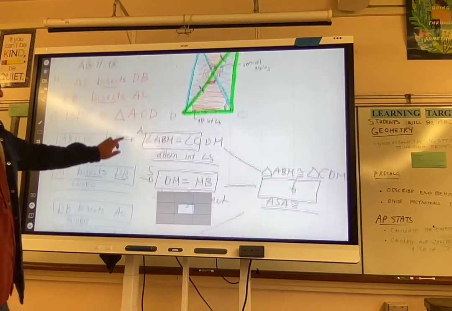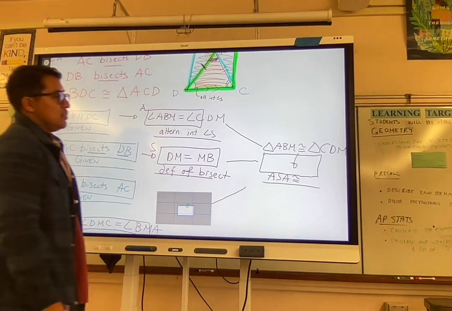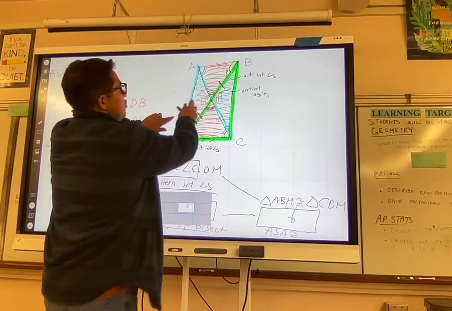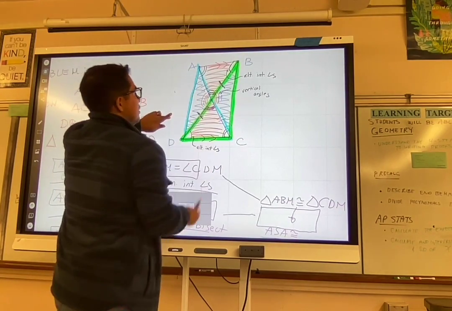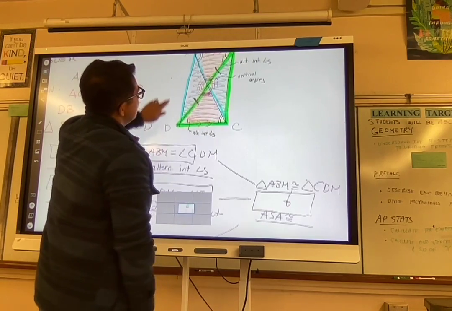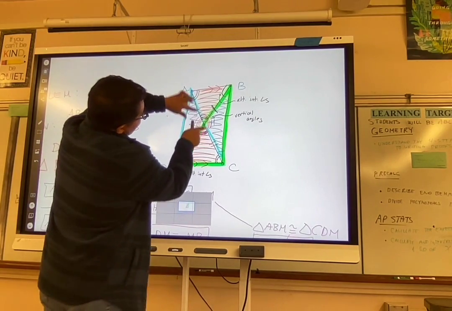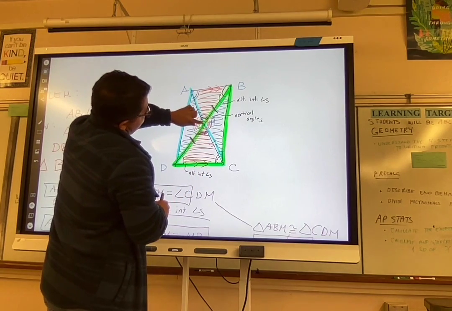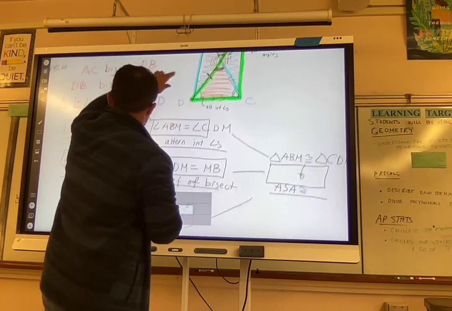So we were here. We explained that the 2 orange ones are equal by ASA, and now we just needed to explain why the 2 left and right triangles are congruent. So let's get to that. One of the pieces of information we used is that these 2 sides are congruent. Why is A to M equal to M to C?